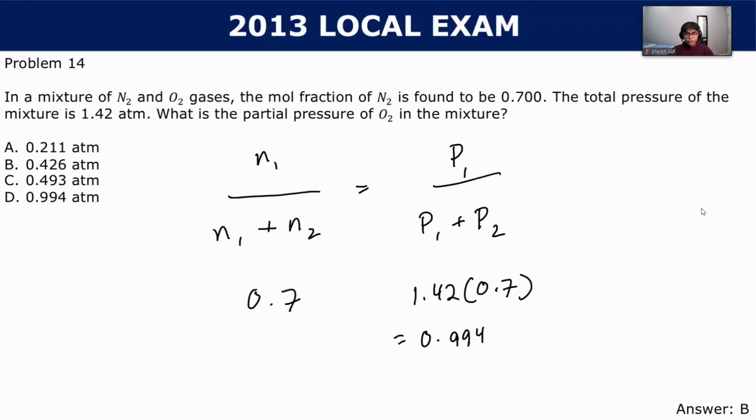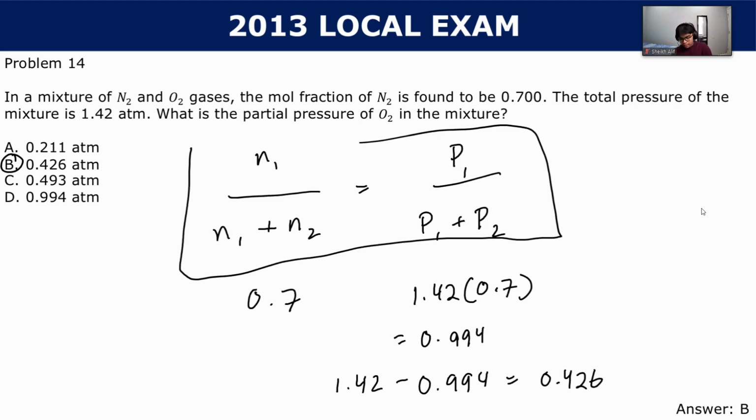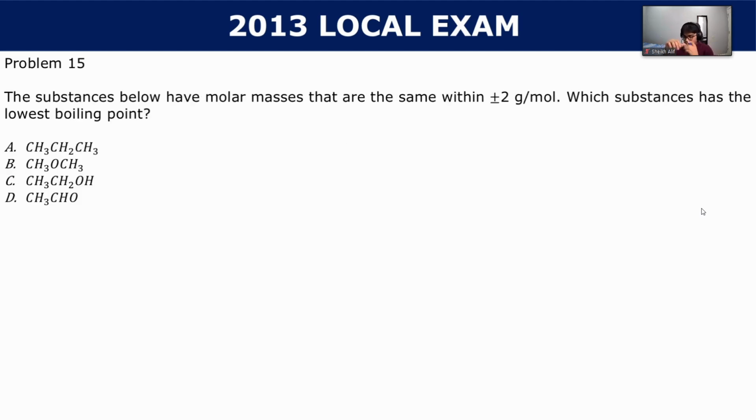And so if we're trying to find the partial pressure of oxygen, we just take the total pressure, 1.42, and subtract that value, 0.994. And that is going to get us 0.426, which is answer choice B, which apparently I had on the screen this whole time. Whatever. So again, the important relationship is that the mole fraction is going to be the same as the partial pressure fraction. Let's move on to problem 15.